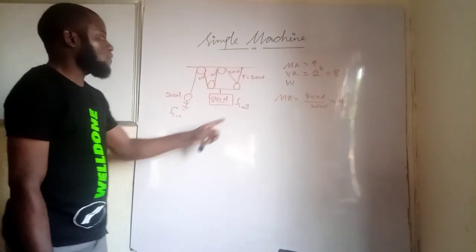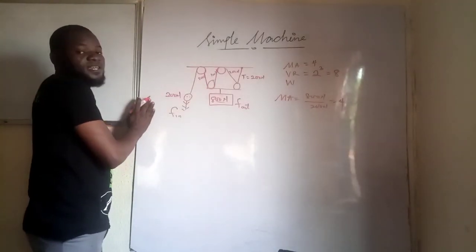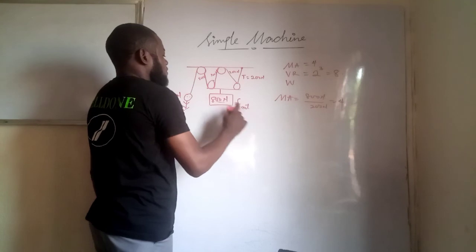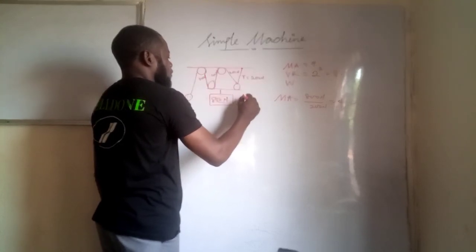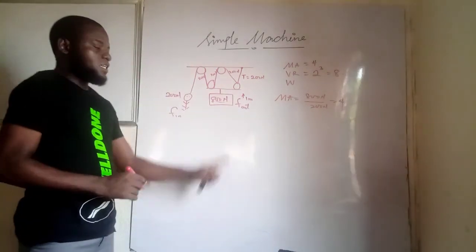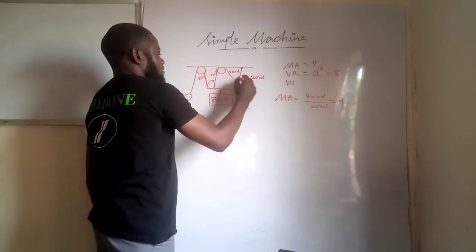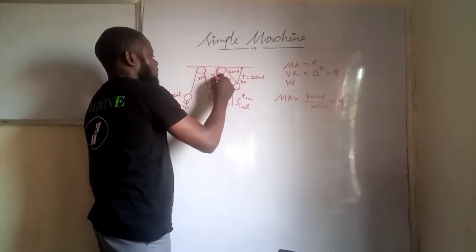Cool. Now the work done here is going to be the same as the work done here. Let's take for instance that this body moves upward by 1 meter. If this body moves upward by 1 meter, it means this rope is moving it upward by 1 meter. This one is also moving it upward by 1 meter.